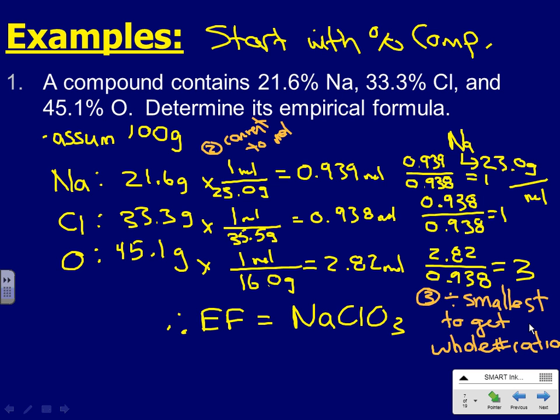It's better than writing all that whole page down. That's essentially what you have to do. If it's a percentage, you assume 100 grams. You then convert it into moles. You then divide by the smallest number to get a whole number ratio. And then you've got it. Let's do a couple more examples.